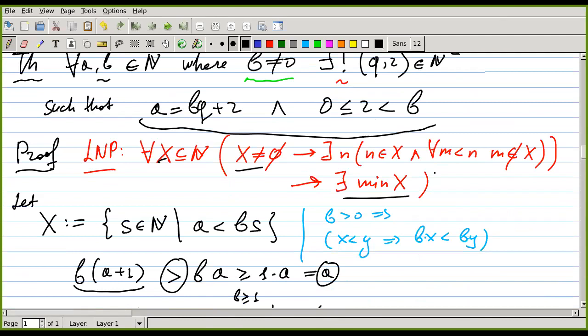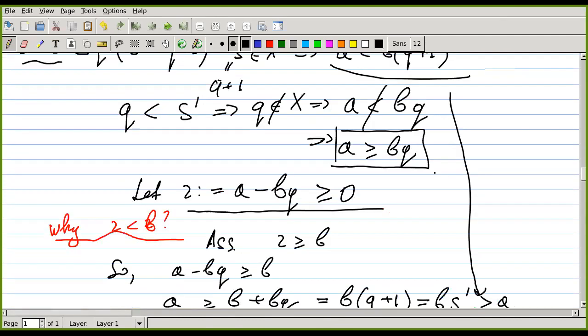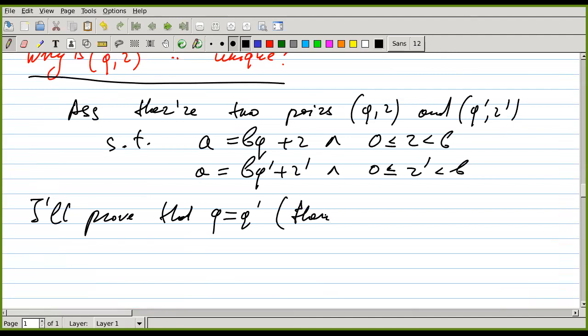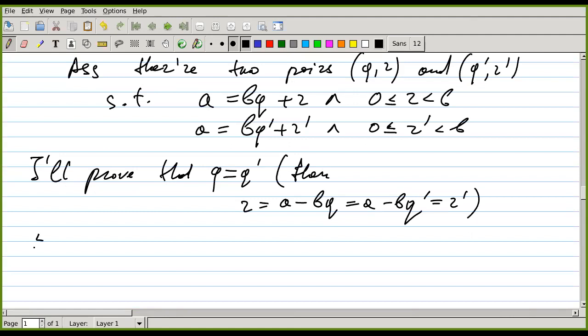Yes. And now I shall prove that Q equals Q prime. Then, of course, we will have that R equals R prime. Is it clear? Yes.